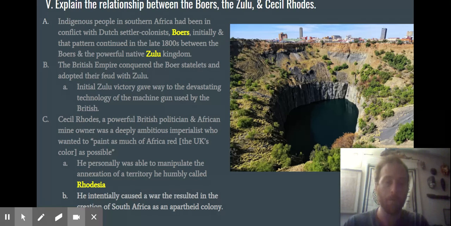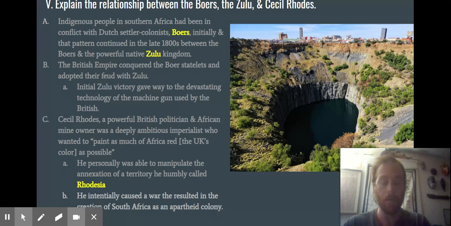There's a gentleman named Cecil Rhodes who I'm not going to bore you with too much detail on, but is pretty much the arch imperialist. His goal is to paint as much of Africa red, which is the color that the British Empire was traditionally on maps, as possible. He was able to personally get the territory of Rhodesia annexed, which is modern day Zambia.